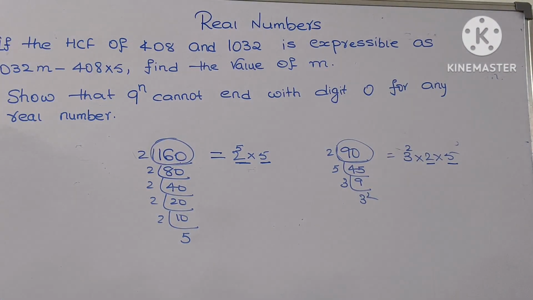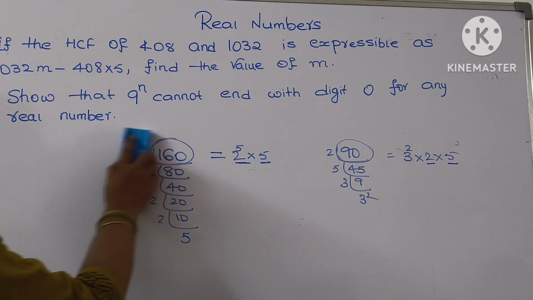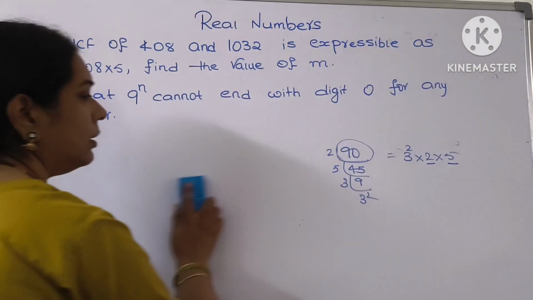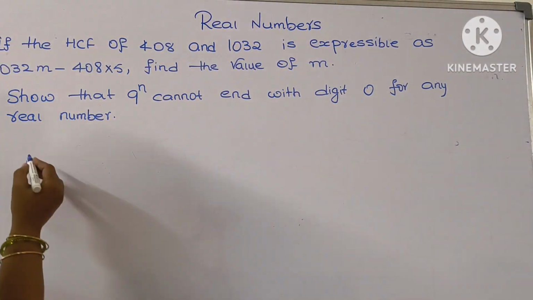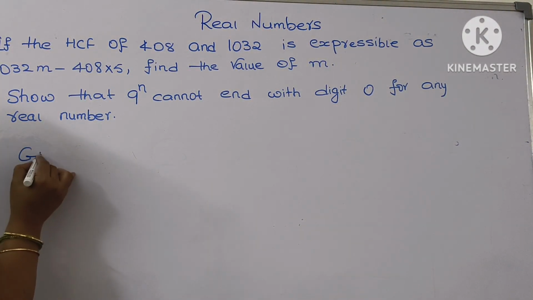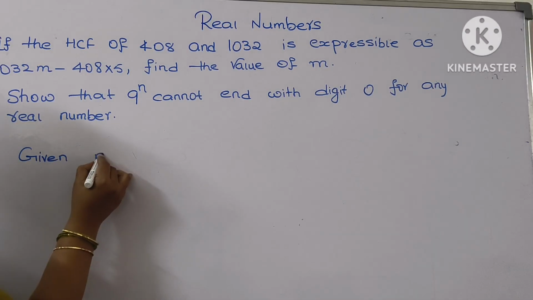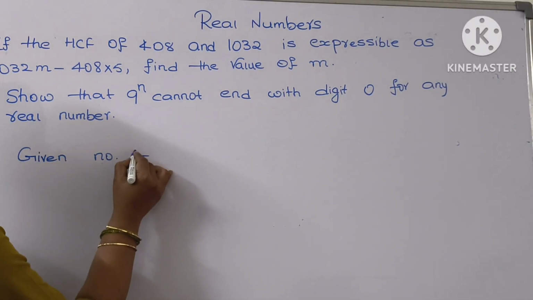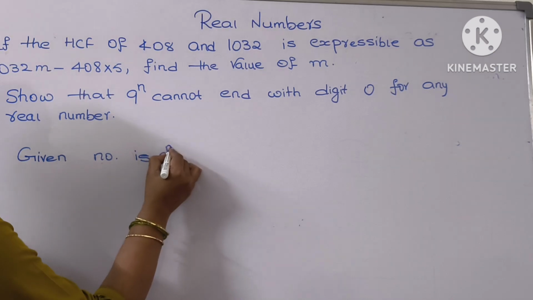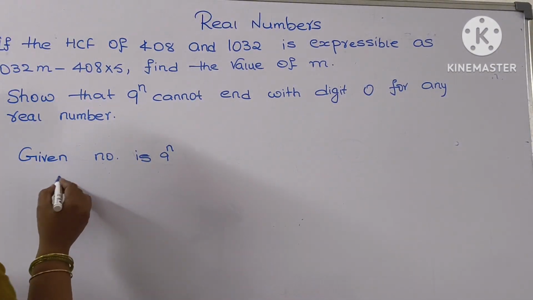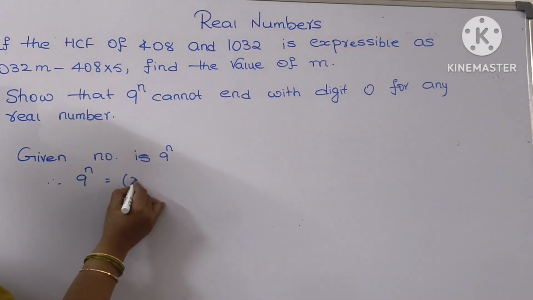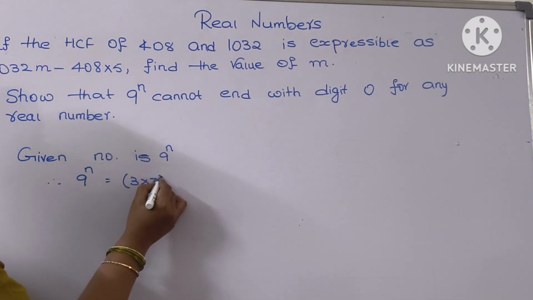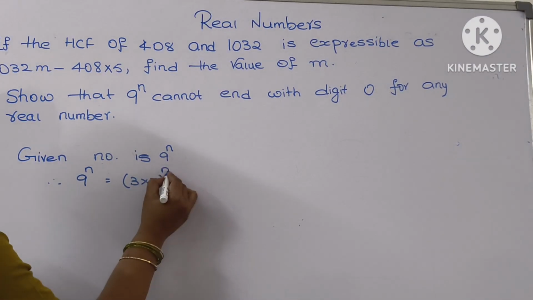Now let us jump to the concept. The concept is why 9 power n cannot end with 0. How to solve this? The given number is 9 power n. Write the factors of 9 power n. 9 can be written as 3 multiplied with 3.